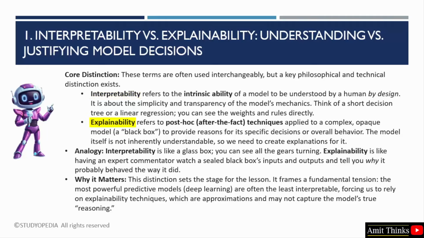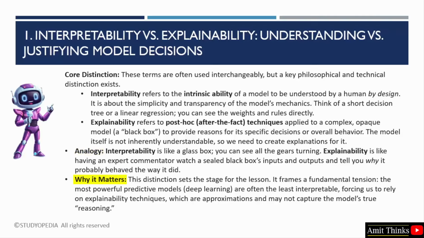Explainability: post hoc methods used to clarify decisions made by complex, opaque models. These models aren't inherently understandable, so we generate explanations. Analogy: interpretability is a glass box, you see the mechanics. Explainability is like an expert interpreting a sealed box's behavior based on inputs and outputs.